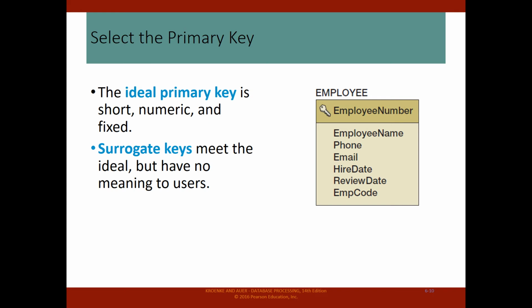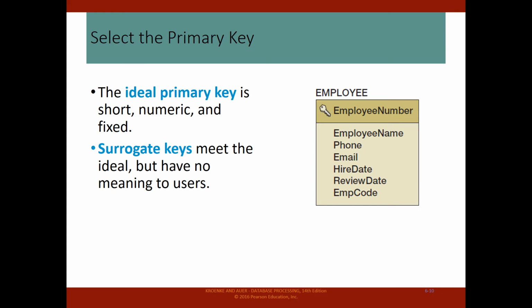So how can we say what is the ideal primary key? So there are some rules. Ideal doesn't mean it has to be. So an ideal primary key is numeric and short. So those are kind of what we mean by the ideal characteristics of a primary key.